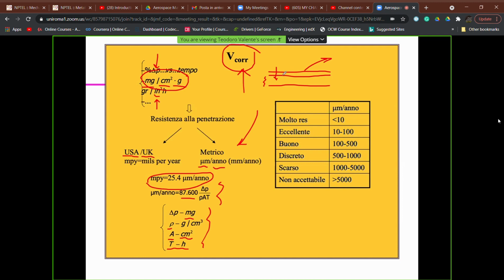And so you can use a unit of measurement of corrosion rate, like for example micron per year, only if the hypothesis that uniform corrosion is existing is valid.